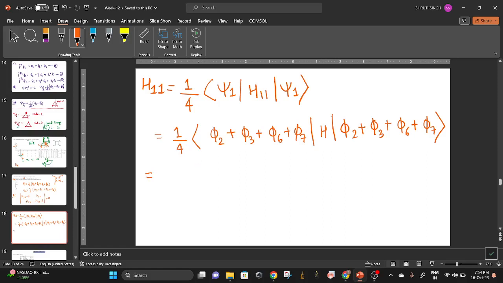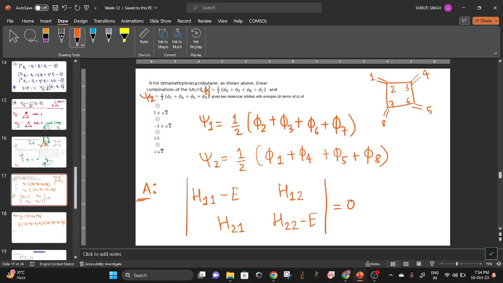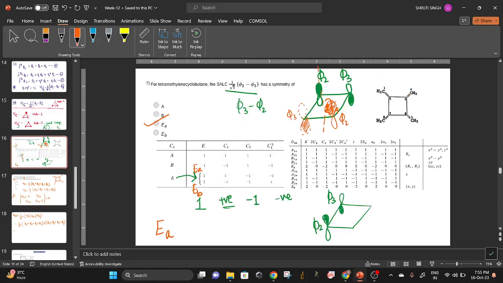Actually we will get 16 terms, but others will vanish. So 2 when operated with 3 will give, because they are adjacent, they will give some value, but 2 when operated with 6 and 7, with 6 they will not give any value, with 7 it will give some value, so it will be like this.